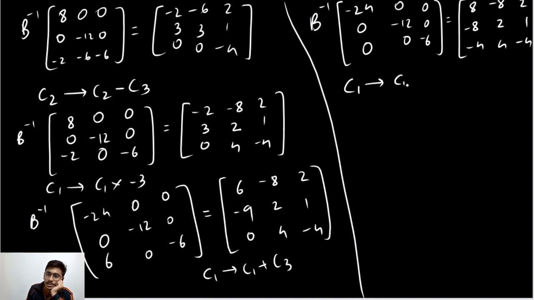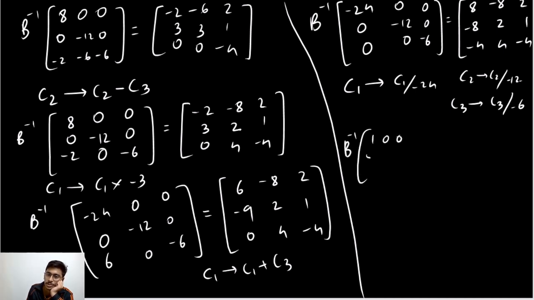C1 becomes C1 divided by minus 24, C2 becomes C2 divided by minus 12, and C3 becomes C3 divided by minus 6. So we get B inverse into, this becomes 1 0 0 0 1 0 0 0 1. This becomes an identity matrix.